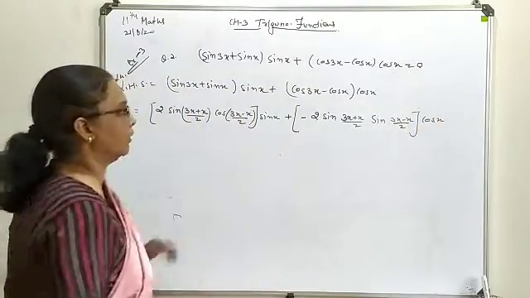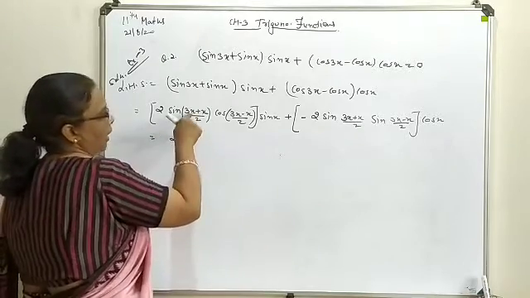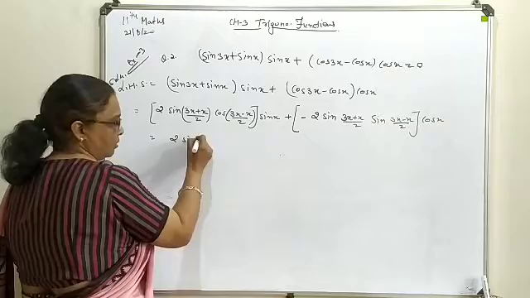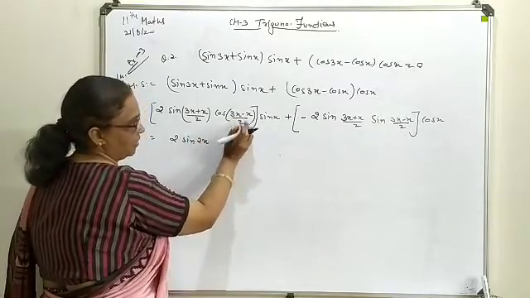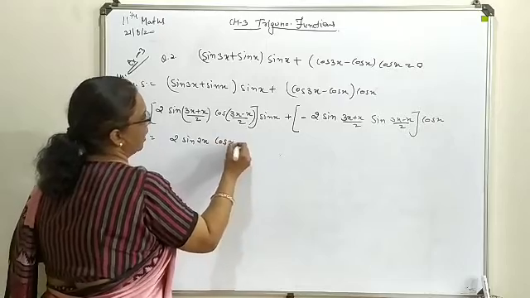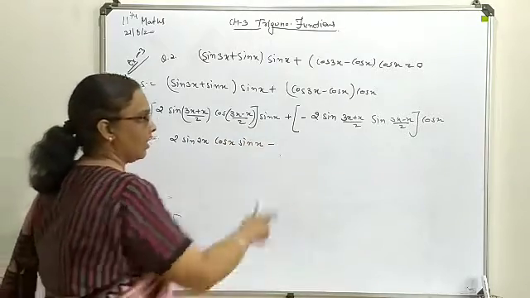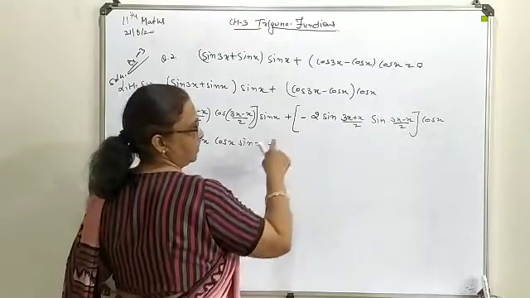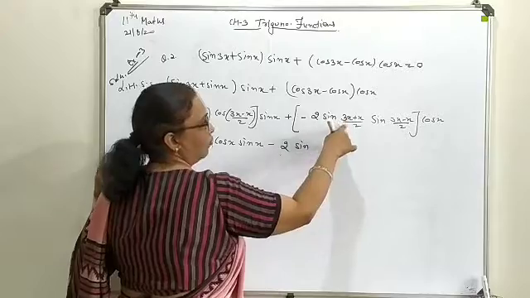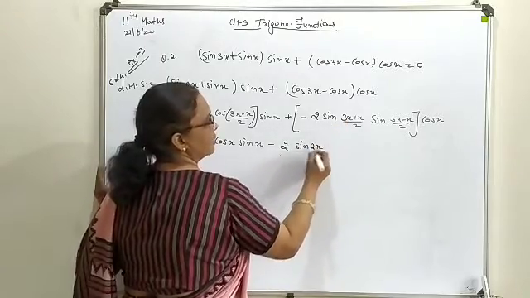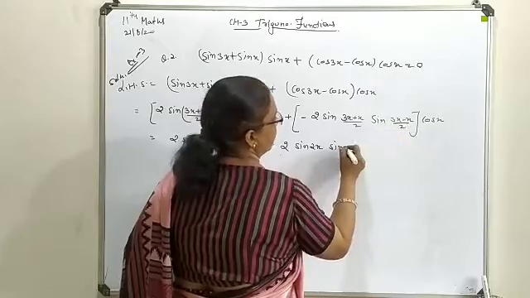Now make these two angles sorted out. Open your bracket. 4x upon 2 means 2x, cos of (3x minus x), 2x upon 2 means cos of x. Outside already sin is available. Minus. This minus will come out here, minus plus minus. This is 2 sin, 4 by 2 means 2x, then sin 2x upon 2 means x.